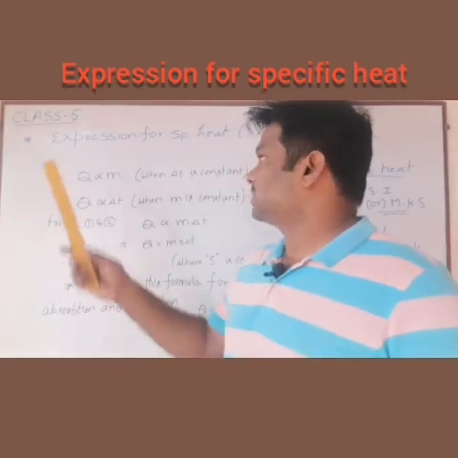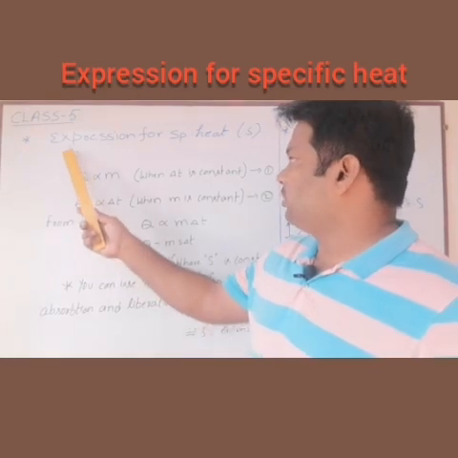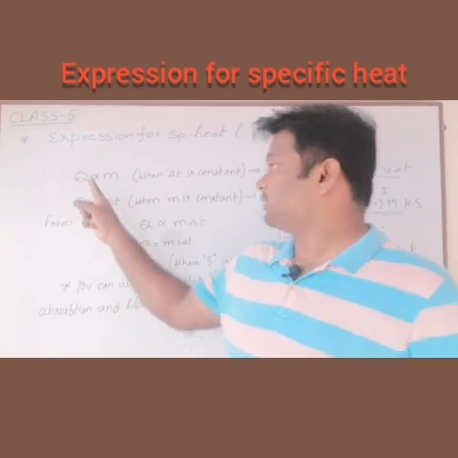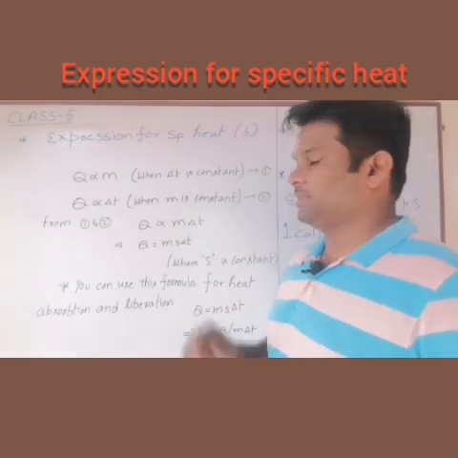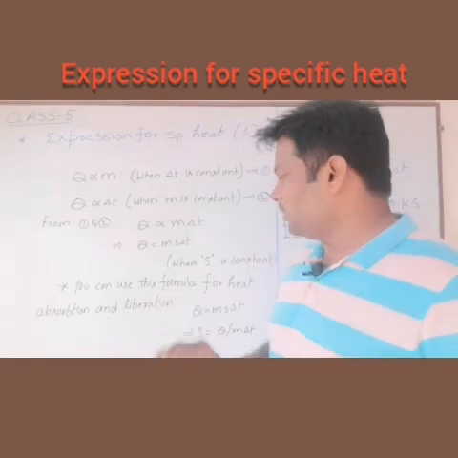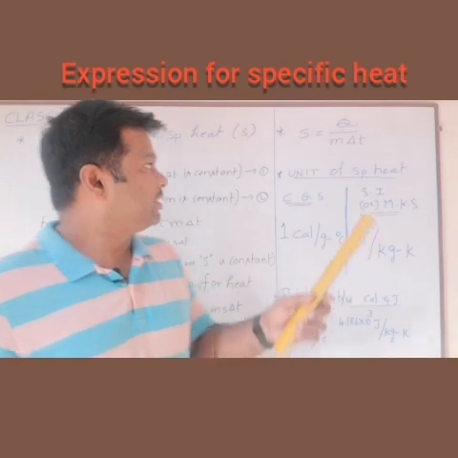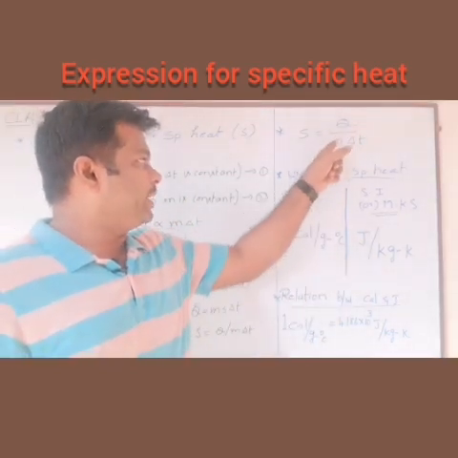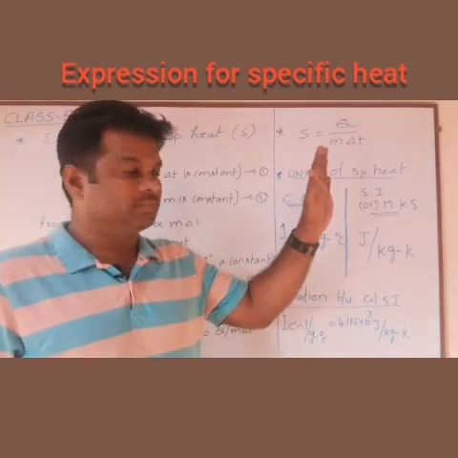In today's class number 5, we are going to discuss the expression for specific heat. Expression for specific heat is capital S. So our formula, here I have written: specific heat S is equal to Q by M delta T. This is our formula.